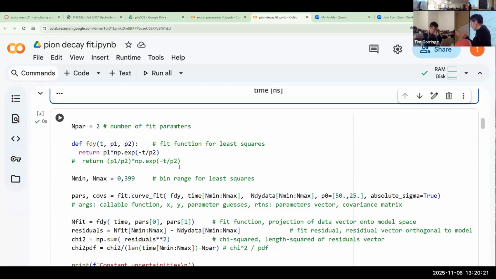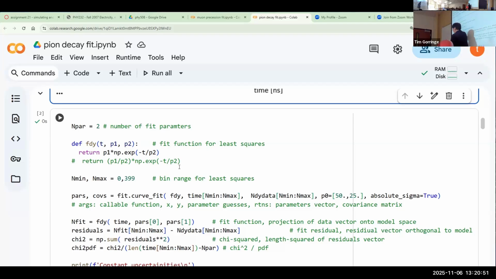The remaining arguments are the parameters in your model. It has one parameter, which is an overall normalization of that curve that would change if you had more or less pions when you started. And then the second parameter is the lifetime, the decay constant. So these are these two parameters here.